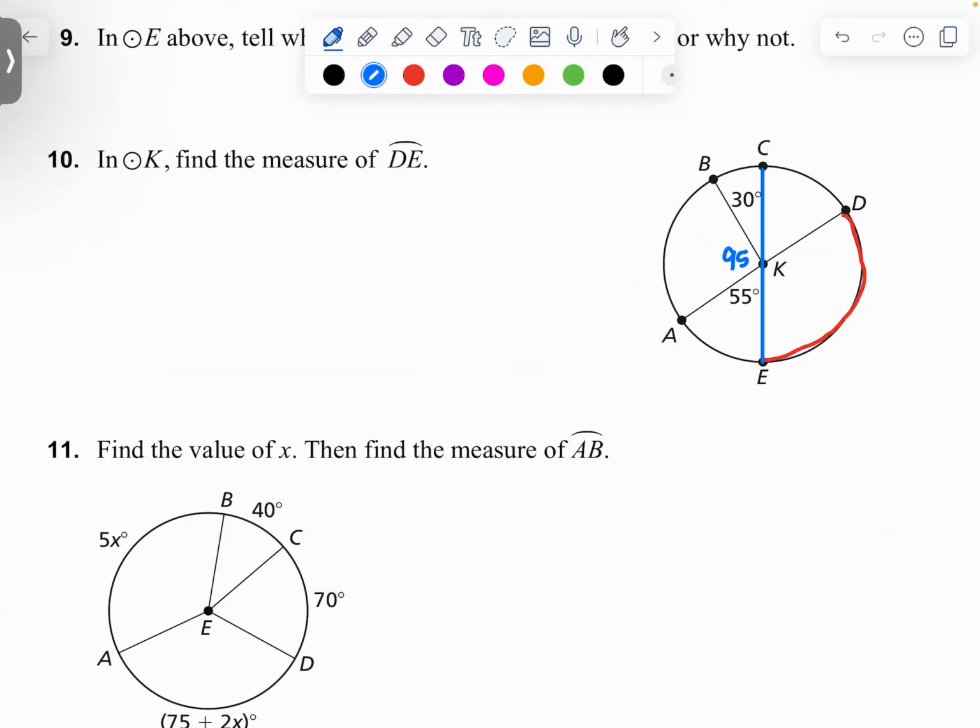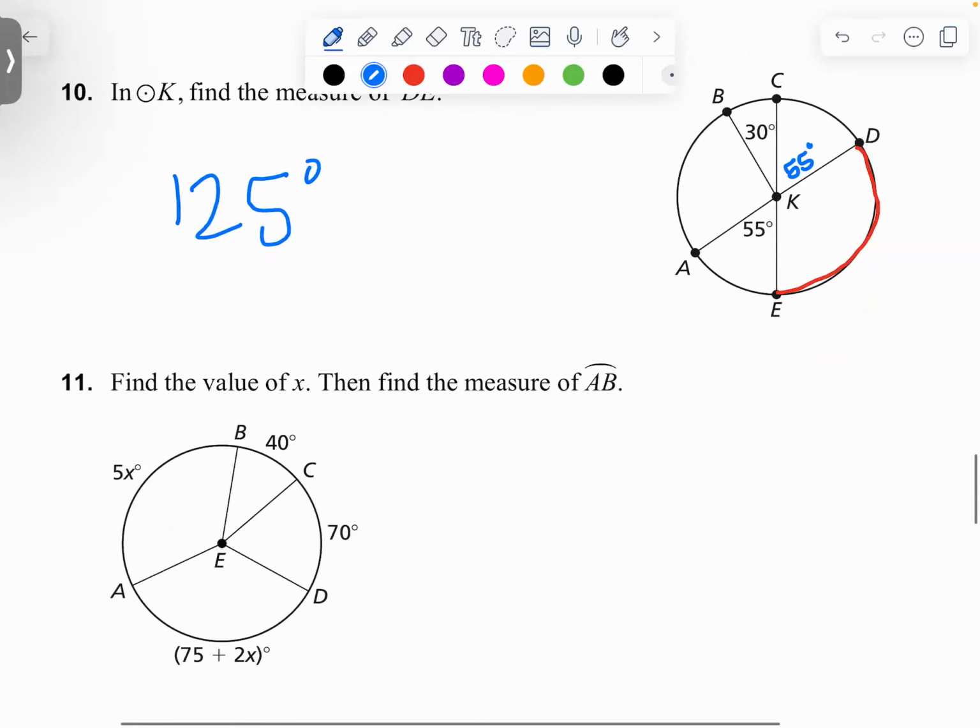Well, okay. If that one's 95 and we come over here to this semicircle, this is 55? Oh, we could have used vertical angles. I was making that harder than we needed to be. So what is our arc?